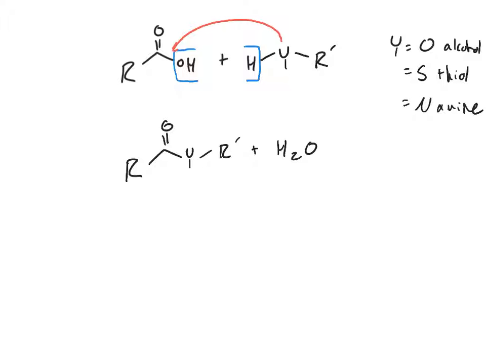And then in a hydrolysis reaction, we break our bond between our carbonyl and our heteroatom in order to reform our carboxylic acid and our alcohol, thiol, or amine. Again, just remembering that in the case of the amine, the final products will actually be the carboxylate ion and the conjugate acid of the amine.